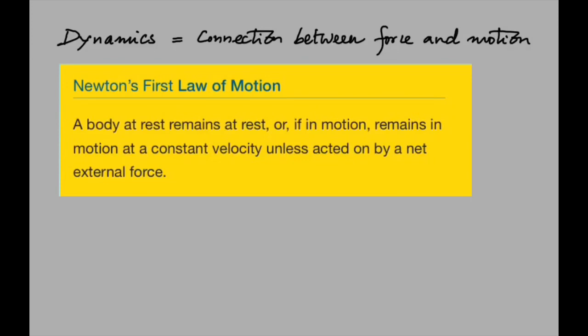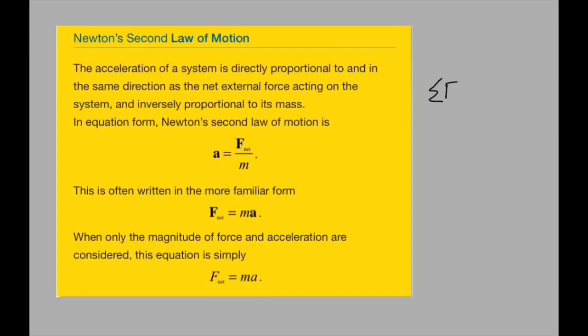Now let's move on to Newton's second law. According to Newton's second law, net force is equal to mass times acceleration. So that means the greater the force, the greater the acceleration. Remember that force is measured in newtons when mass is in kilograms and acceleration is in meters per second squared.